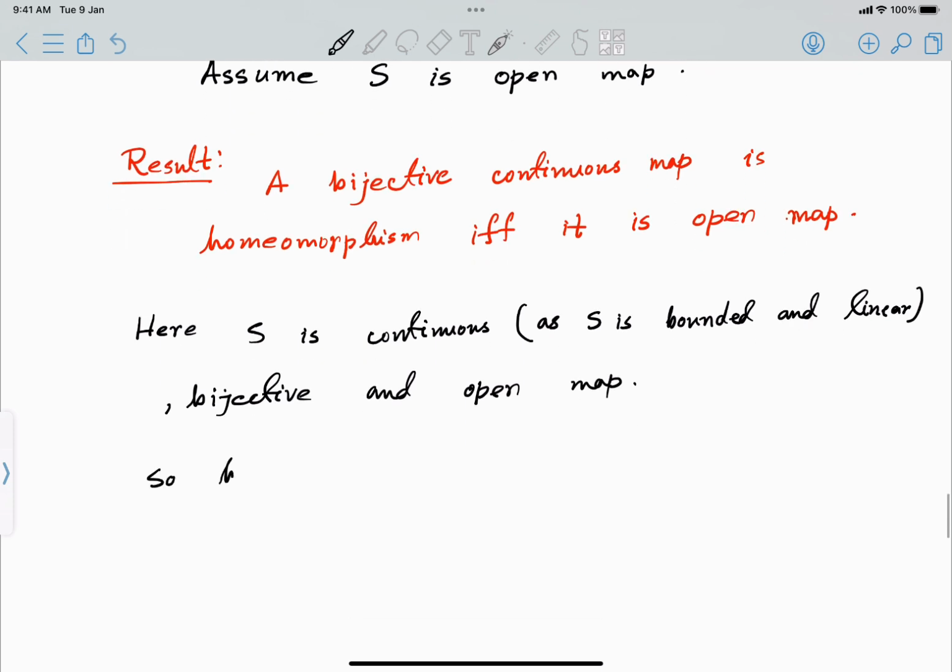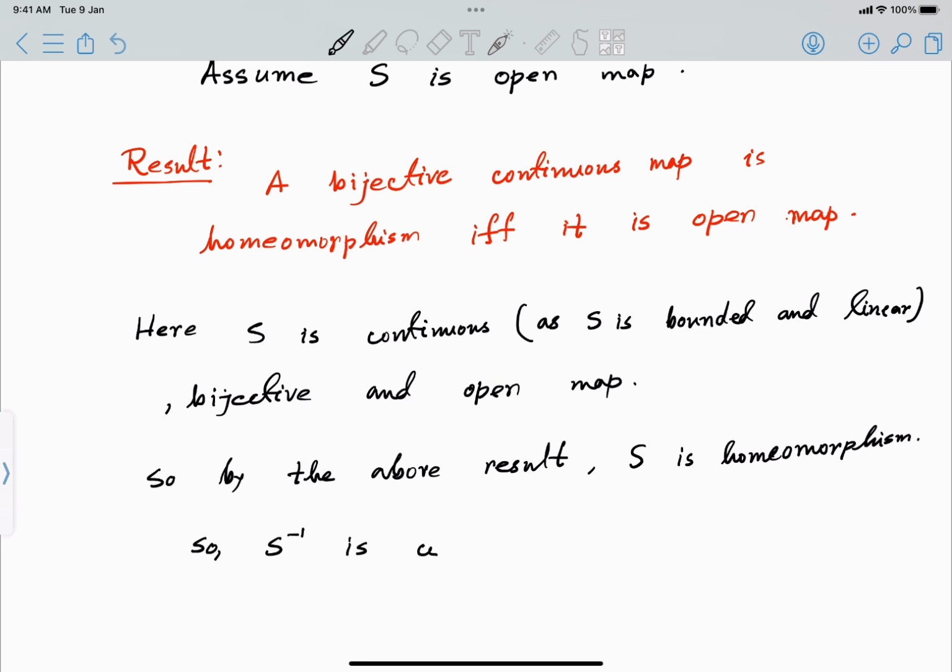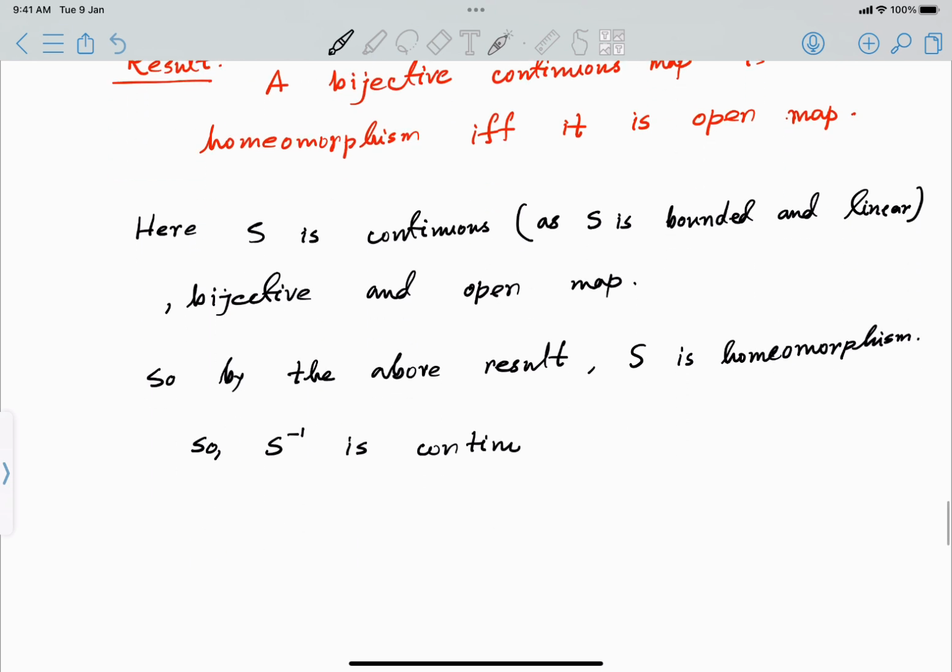So by the above result, S is homeomorphism. Means S inverse is continuous, because homeomorphism means the inverse map is continuous.